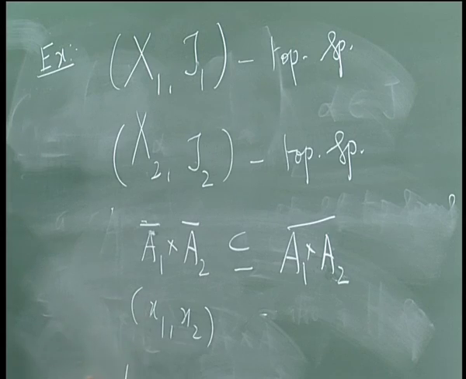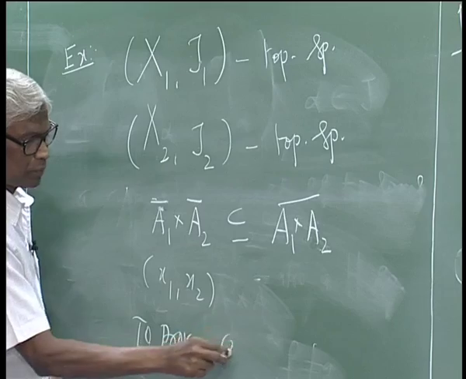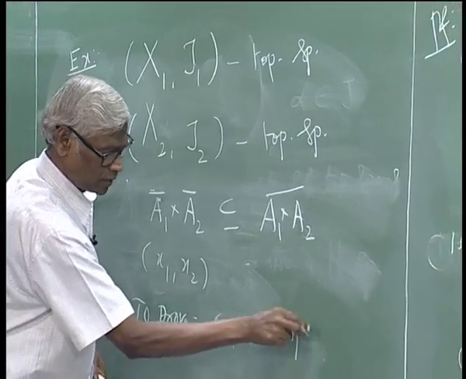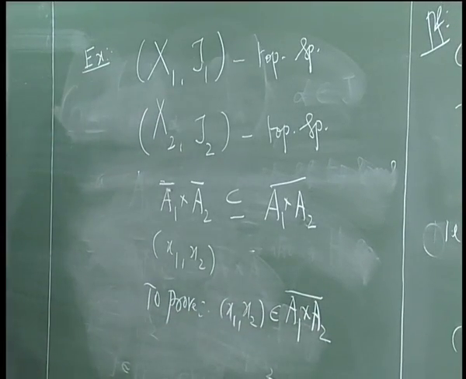Always start with what is to prove, that is, the ordered pair (x1, x2) belongs to A1 cross A2 closure. So, this is to prove.